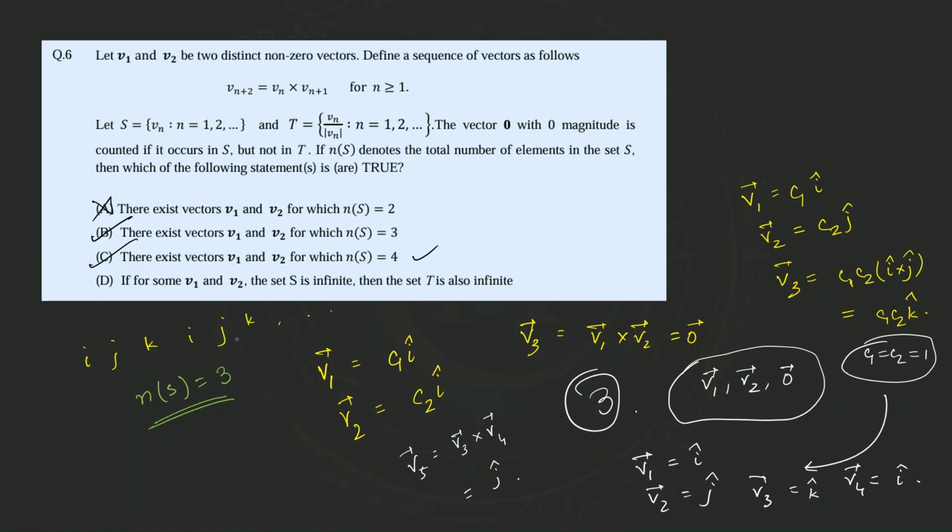Now let us check this D option. If for some v1 and v2 the set S is infinite, then the set T is also infinite. Okay. So if we check this case, let's take v1 equal to some c1 i cap, okay, and v2 as some c2 j cap. Then we have v3 equal to v1 cross v2, so c1 c2 k cap, right?